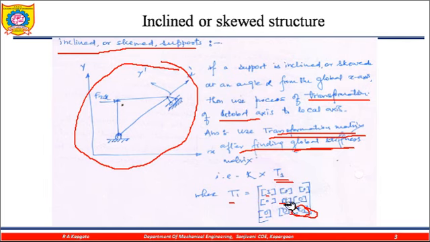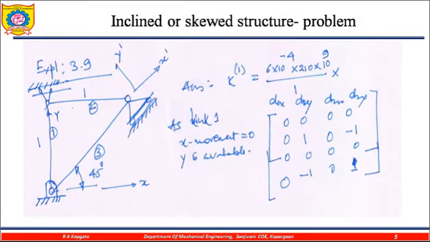Only on the diagonal do you take the identity matrix and the transformation matrix, which is equal to T. So after finding the global stiffness matrix, you multiply it by the transformation matrix. Hence such problems you need to manipulate.